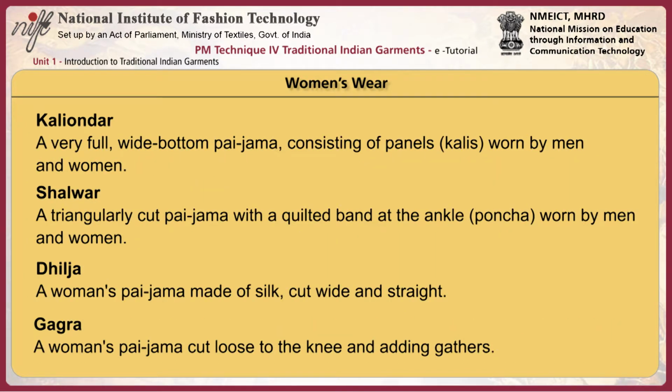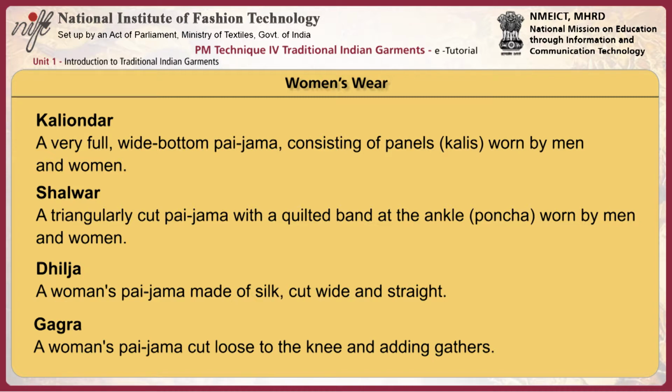Calendar is a very full wide bottom pajama consisting of panels, worn by men and women. Salwar is a triangular cut pajama with a quilted band at the ankle, worn by men and women. Dilja is a woman's pajama made of silk cut wide and straight.